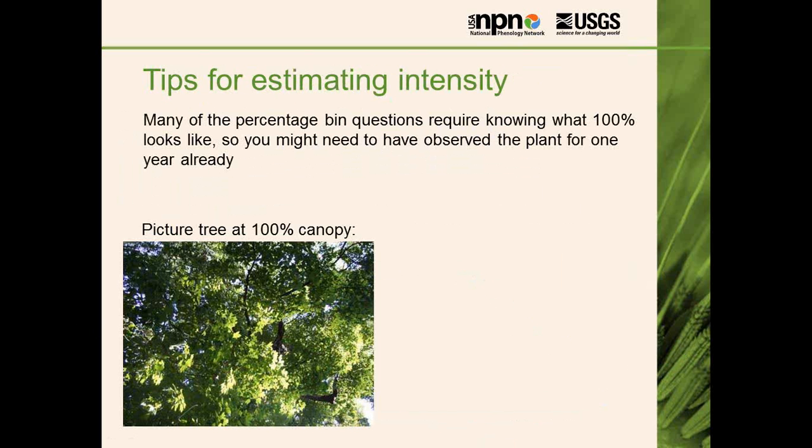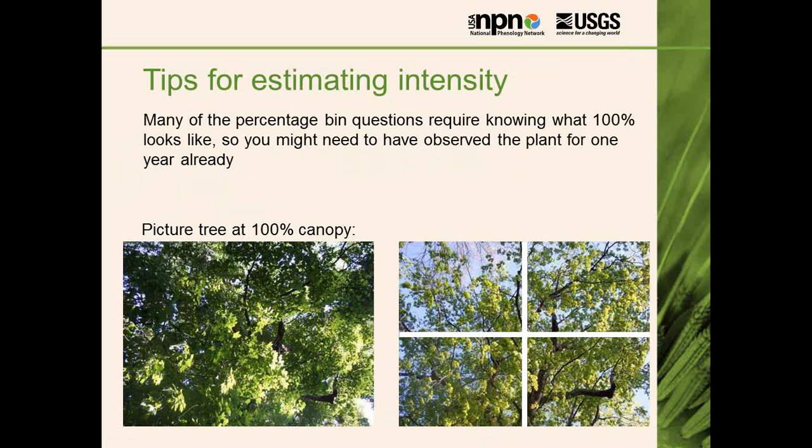So when you're answering these intensity questions, you'll want to picture what the tree looks like at 100% canopy, and then visualize, if you're looking at it when it's not quite at 100%, drawing lines over it to separate it into a few different quadrants.